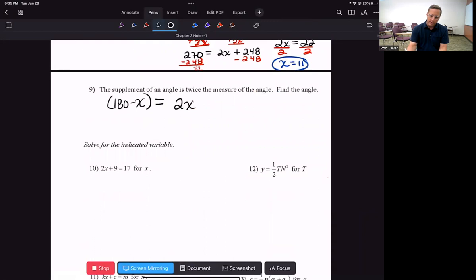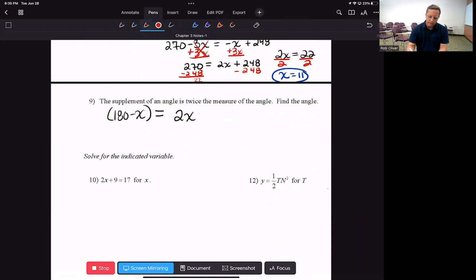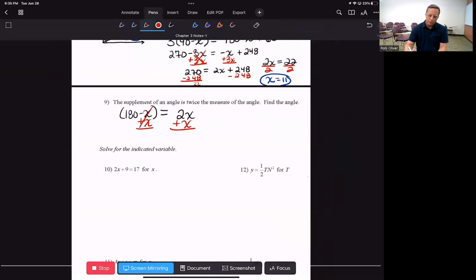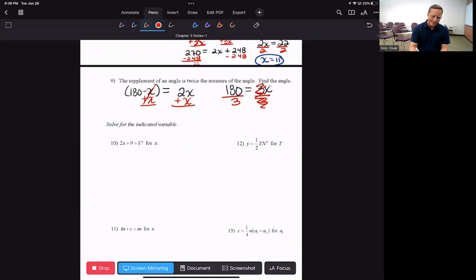I'm just going to get the x's on one side. I'm going to add 1x to both sides. We got 180 equals 3x. And divide by 3, and x equals 60.